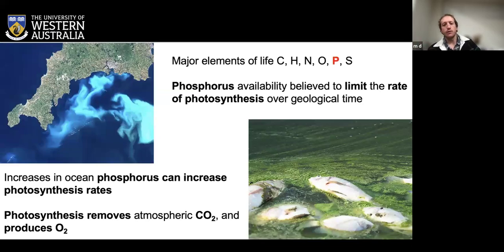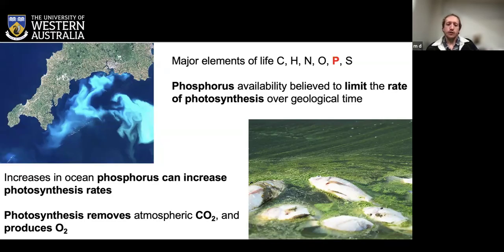Okay, so when we talk about the major elements or nutrients that life needs, we usually talk about things like carbon, hydrogen, nitrogen, oxygen, etc. But most of these elements you can find at Earth's surface in large quantities. Plenty of carbon is CO2. Same goes for hydrogen and oxygen as water. And the atmosphere is chock full of nitrogen.